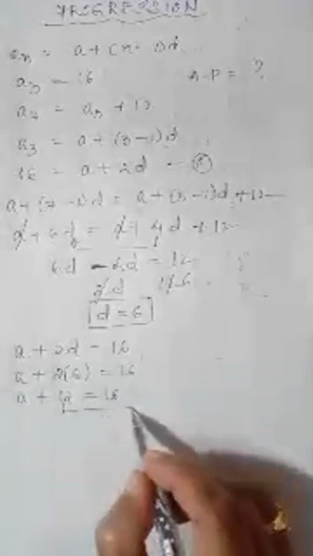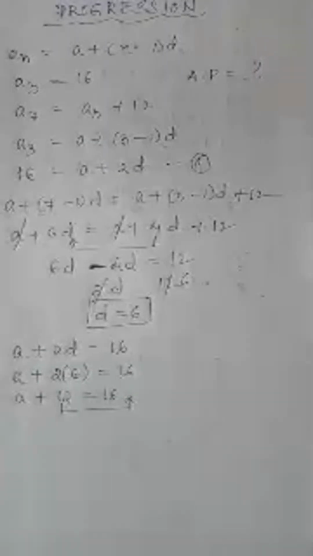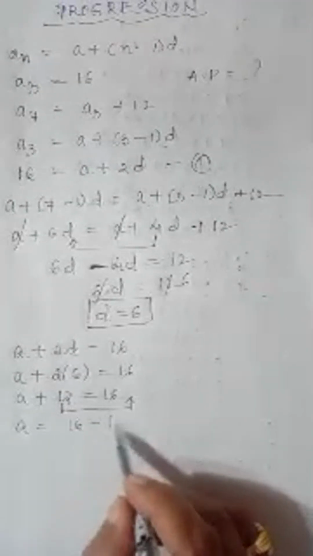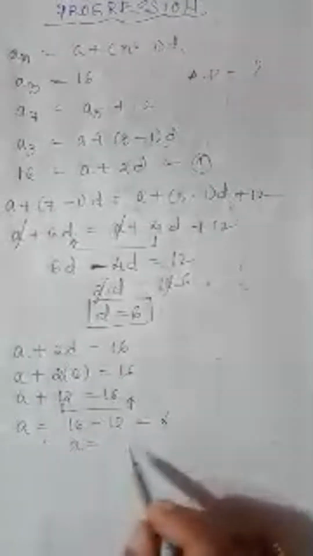Transfer this 12 from left to right, that becomes minus. So a is equal to 16 minus 12. Subtracting 12 from 16, we get 4. Therefore, a is equal to 4.